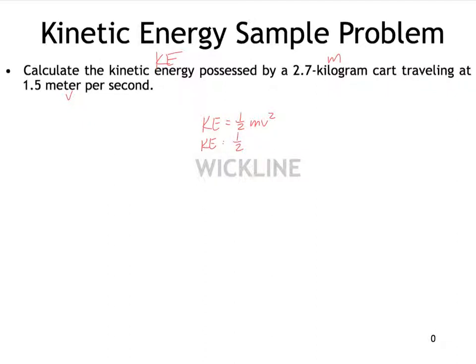You do need to multiply the product by 1/2, but the mass is 2.7, and the velocity is 1.5. We will need to square that velocity. And I just ran the calculation, and I got 3.03 joules. With significant figures, I would really only need to keep 2 of those digits, so my final answer would be 3.0 joules.